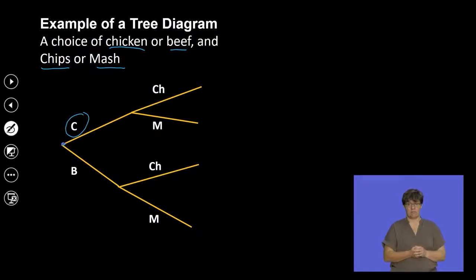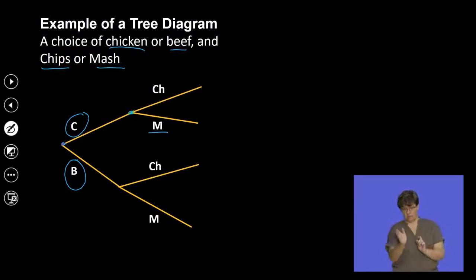That C represents the chicken, this represents the beef, and we are recognizing that is one choice. At this point, we can then choose to either have chicken and chips or chicken and mash. And so we've got another set of choices, and we've represented that by a fork in the tree.